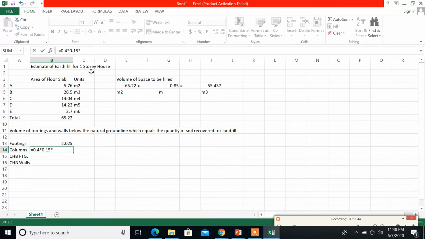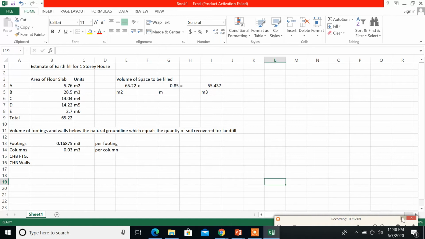So times 0.5. So ayan. Siguro mamaya na lang natin pala ilagay yung number of pieces. So dito muna tayo sa volume, cubic meters per footing, then per column.